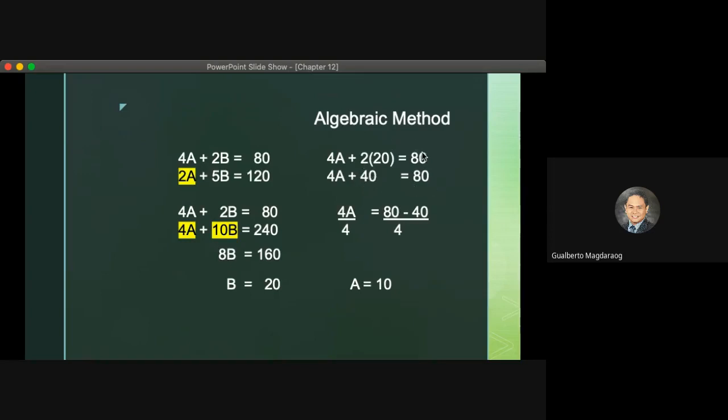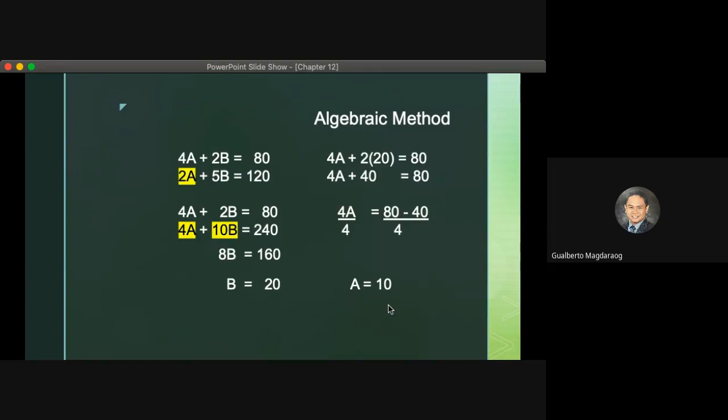When you transpose it to the other side, it changes sign and becomes negative. So 4A is equal to 80 minus 40. Then you divide both sides by 4 so the 4 cancels and A remains. 80 minus 40 is 40, divided by 4 is 10. So B is 20, A is 10.